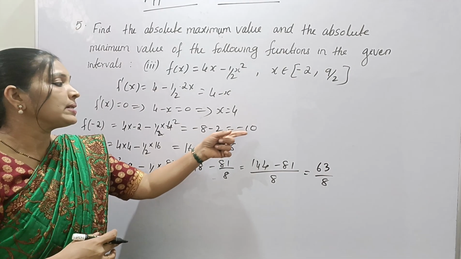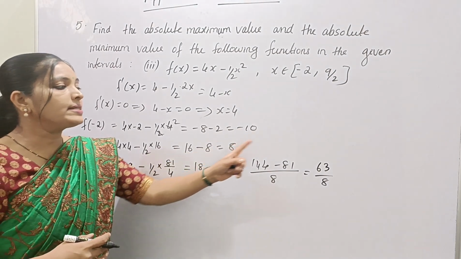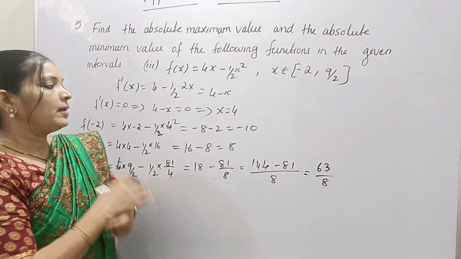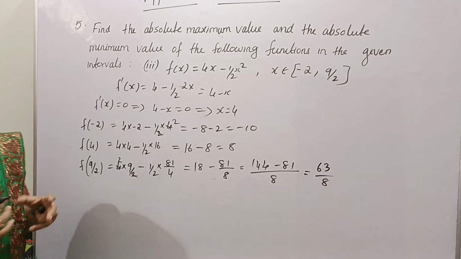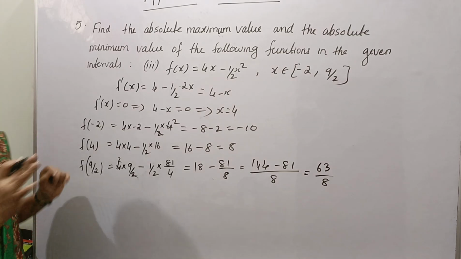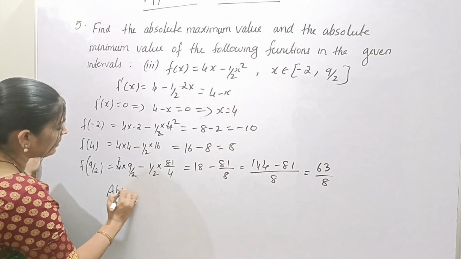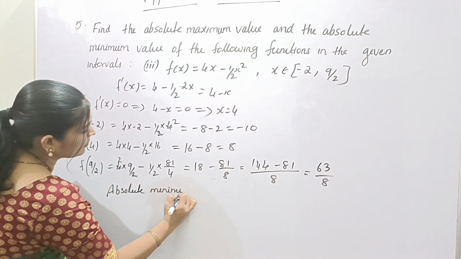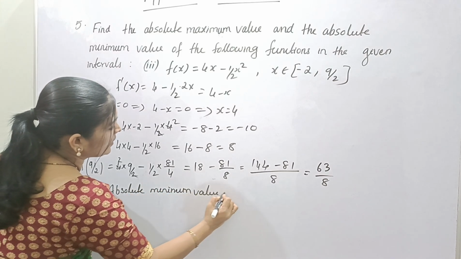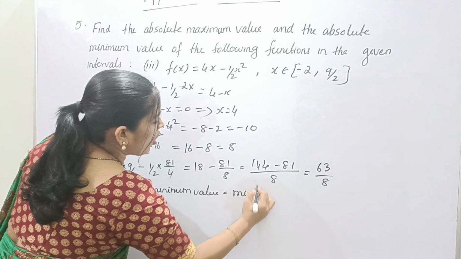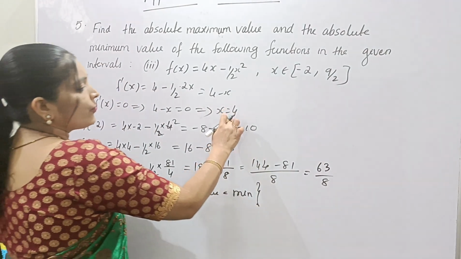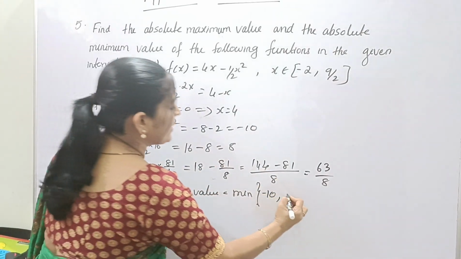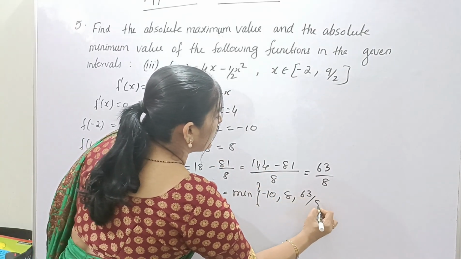Okay, so here what are the values we have got? Values of the function, that is minus 10, 8, 63 by 8. Now let's find the absolute minimum value. Absolute minimum value is equal to the minimum of minus 10, 8, 63 divided by 8.